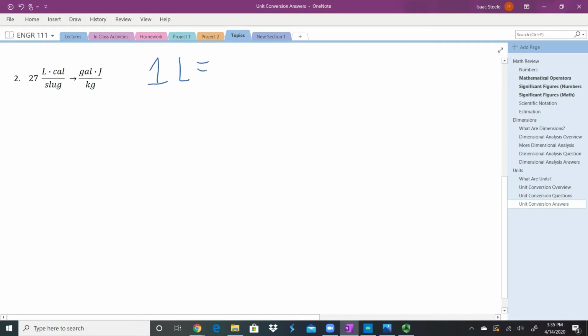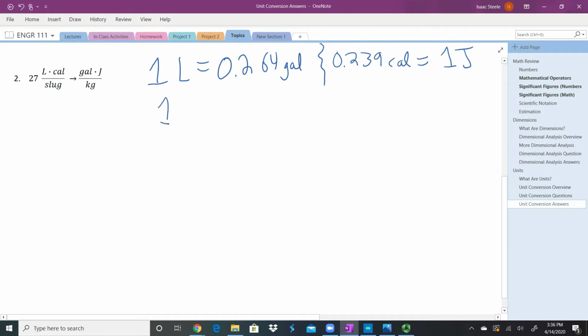I have 1 liter equals 0.264 gallons. I'll just write it off to the side here, I have that 0.239 calories equals 1 joule.